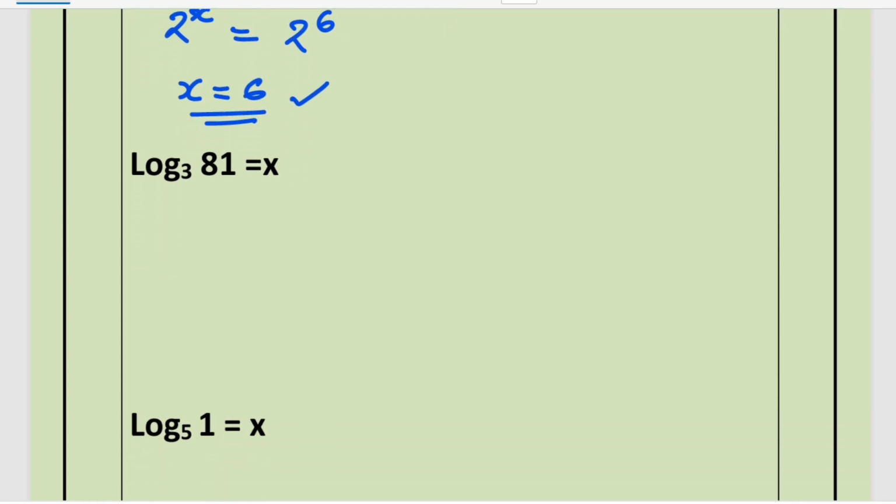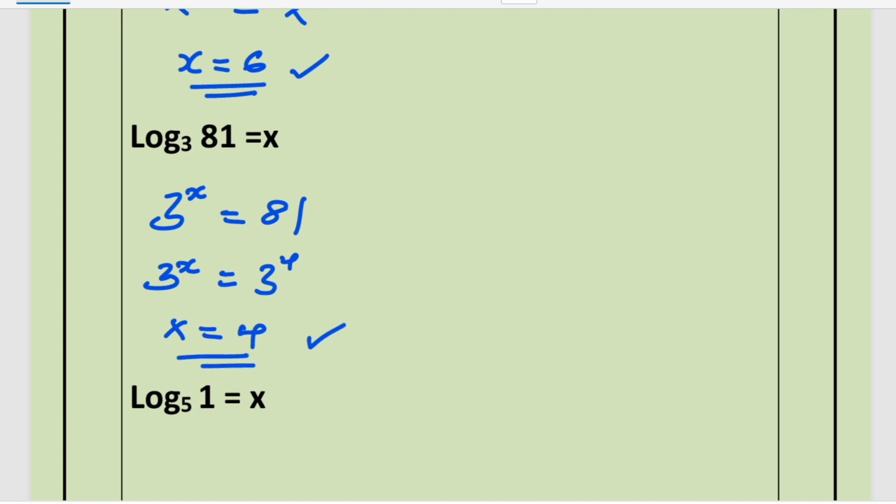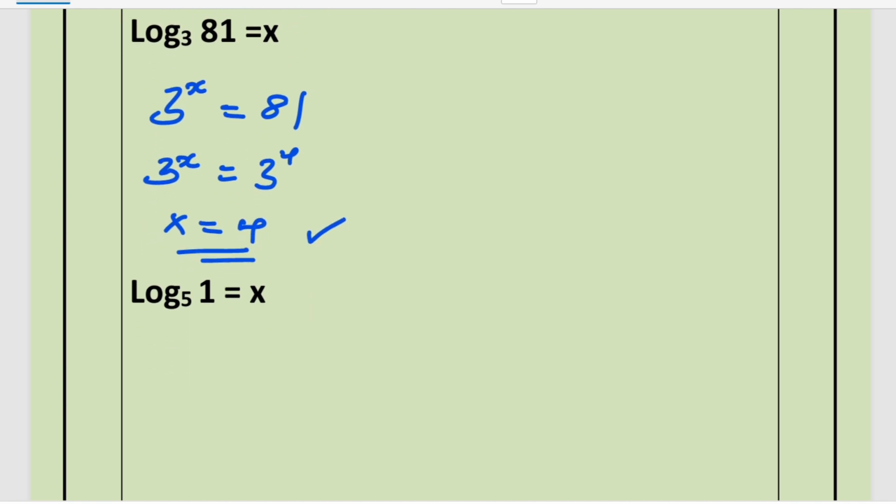The next one, log to base 3 of 81 is equal to x. So in this case, our base is 3 and the index is x, which is equal to 81. Express 81 as base 3, so we shall have 3 raised to power x is equal to 3 raised to power 4. So in this case, x is equal to 4. The next, log to base 5 of 1 is equal to x.